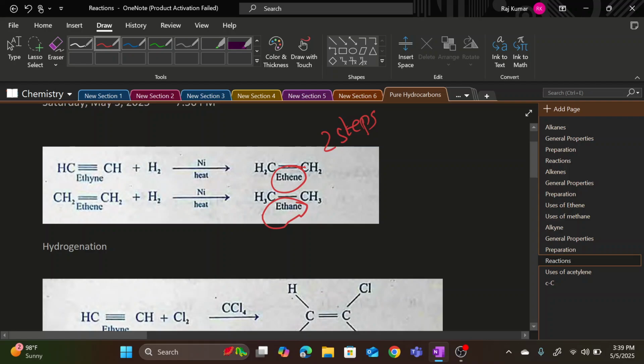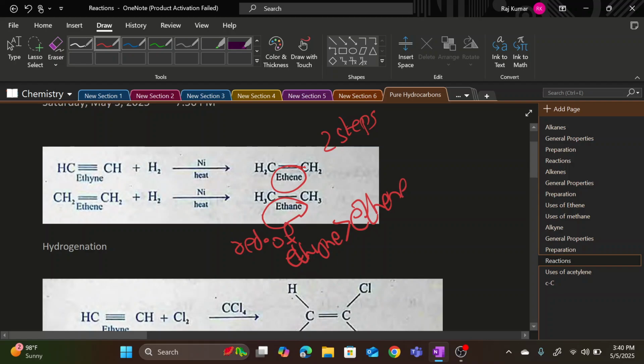Reduction of ethyne is more difficult than ethene.